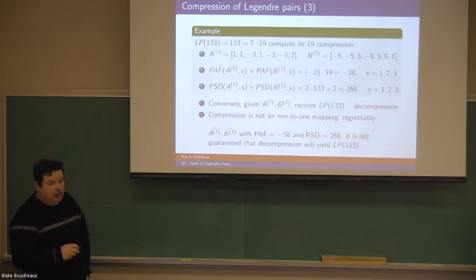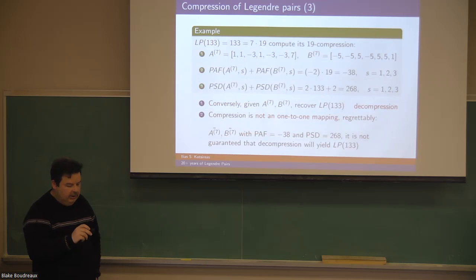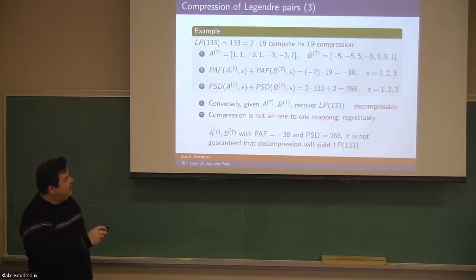And now what is the point of all this compression business? What do we gain in terms of computation? Well, let's take this example, 133, which is a composite number, 7 times 19. Suppose that we have a Legendre pair, and we do. Then we can compute its 19 compression, and it's these 2 sequences of length 7, very small sequences, very mild growth in the elements here, right? 7s, 5s, 3s, -3s.